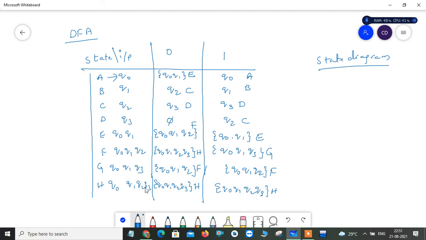So what are the final states here? Simply {Q0, Q1, Q3} and {Q0, Q1, Q2, Q3}, because they contain the final state Q3 from your existing table. So in the newly constructed DFA, these three states, D, G, H, will be the final states. Now I am taking a state diagram.